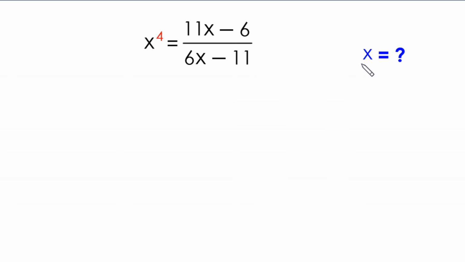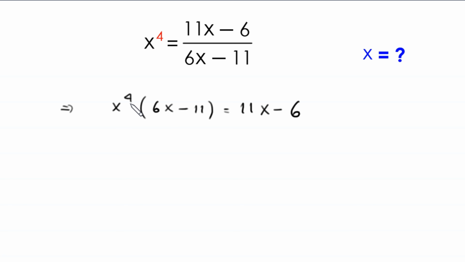So let's start. If we multiply both sides by this denominator 6x minus 11, this implies that x to the power 4 times (6x minus 11) equals 11x minus 6.